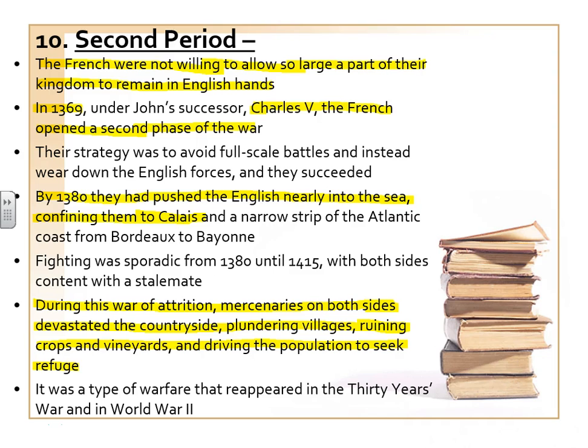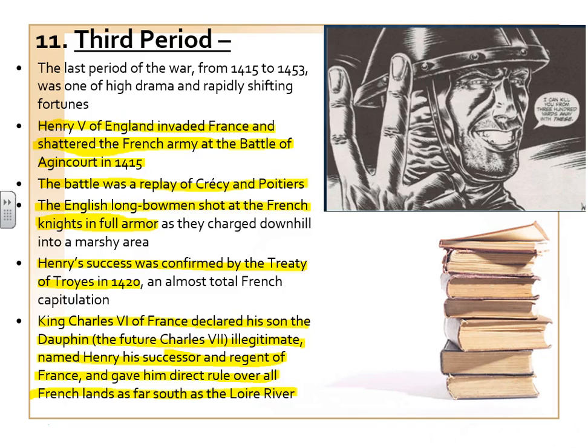All right, and so we see a lot of crimes, atrocities committed against the civilian population, and this is not going to go unanswered. Eventually, the French are going to revolt, and this is going to be something that we talk about later after the 100 Years' War. Okay, the French, though, are able to rally and push back the English.